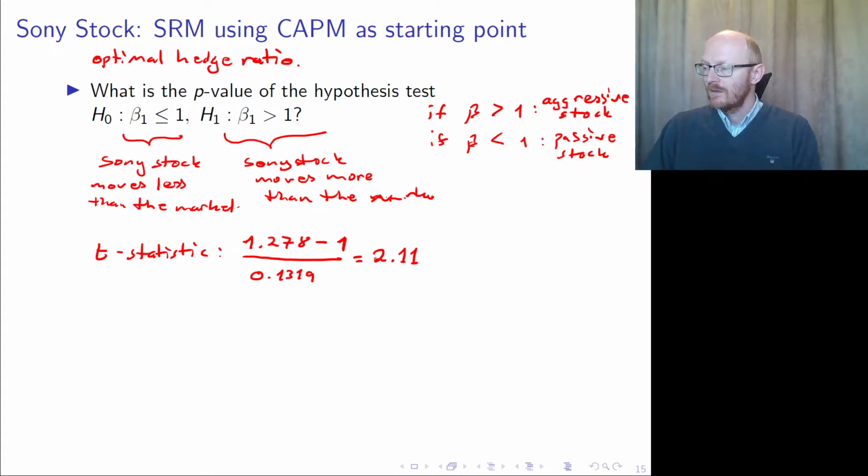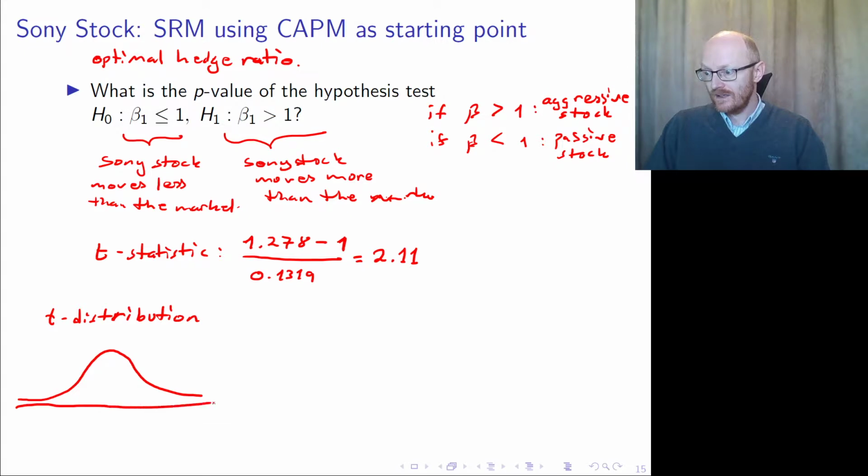And is this significant, well, what you can do is find the probability of getting something more extreme than this, and then you use the t-distribution, which looks like the normal distribution, only it has fatter tails.